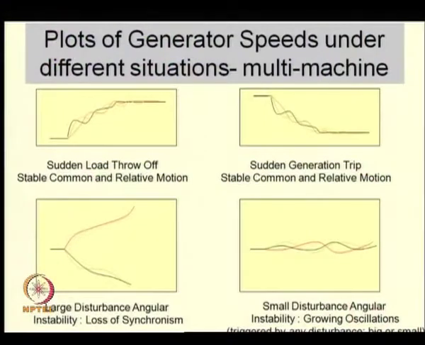If you look at the bottom left figure, it shows a situation which may occur in a power system wherein a lot of synchronous machines are connected together by AC lines, and there is a large disturbance which causes the machines to lose synchronism, that is, the machine speeds do not come to the same value, they in fact diverge away, while the machines are still connected. This is an instability problem which is a large disturbance problem.